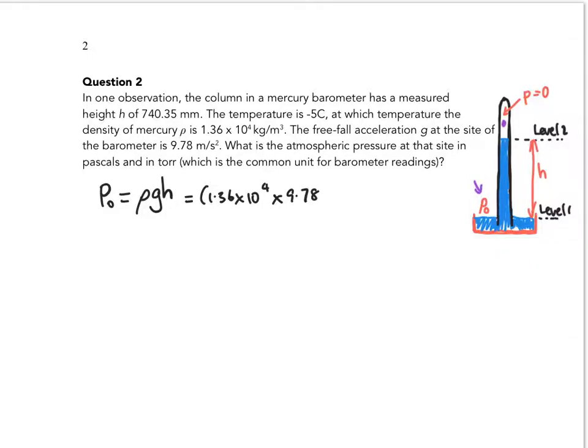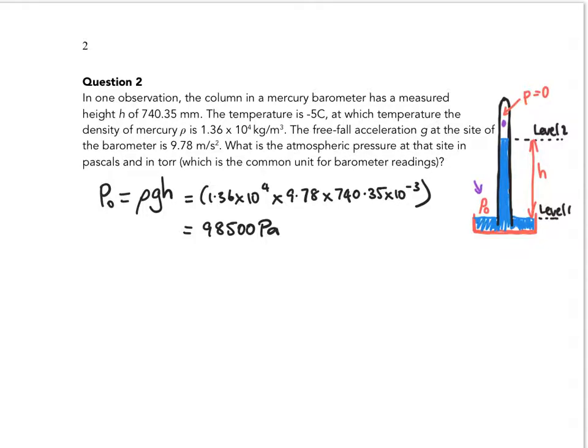And by h, which is 740.35 by 10 to the minus 3 meters. So when we plug all those things in, we get 98500 pascals.